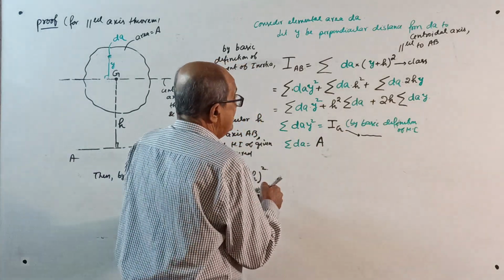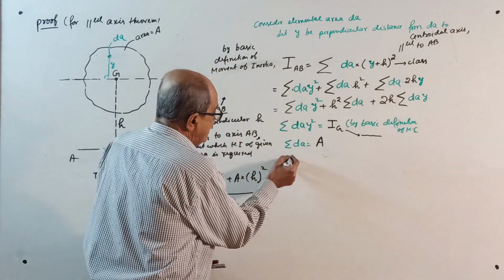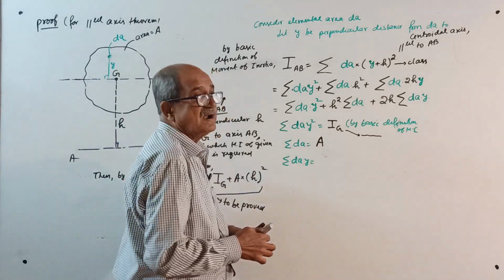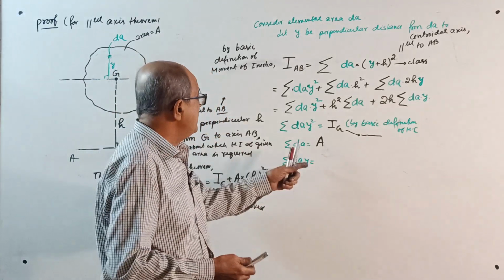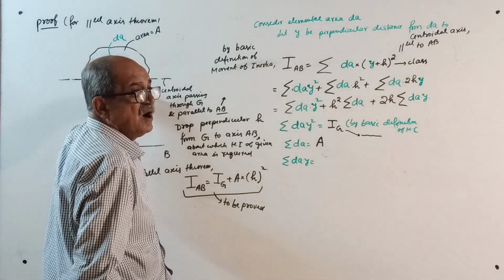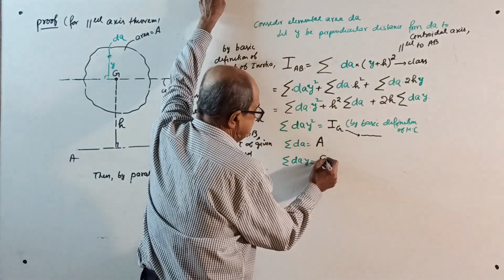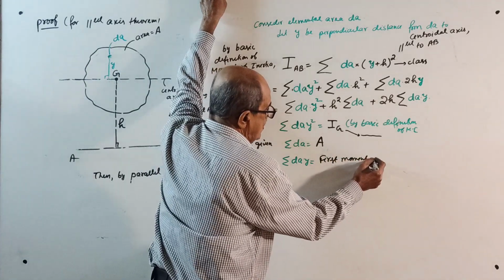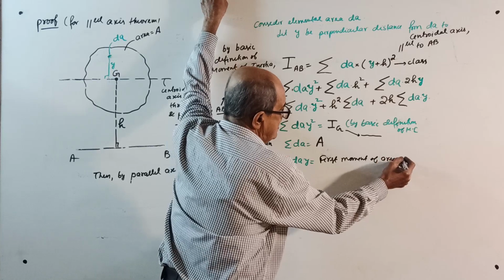See correctly. Sigma dAy is the first moment of the area about the centroidal axis.